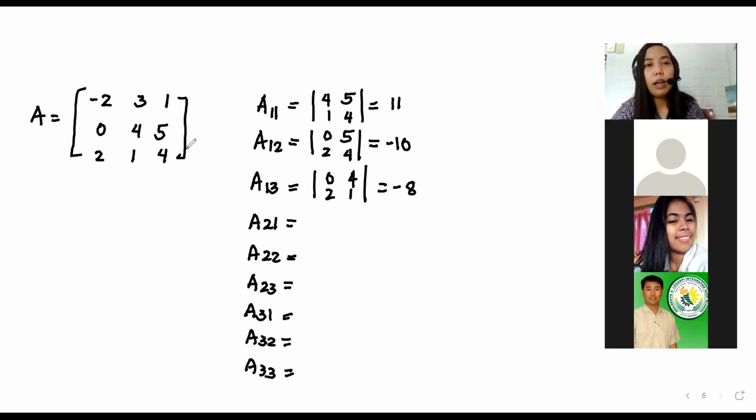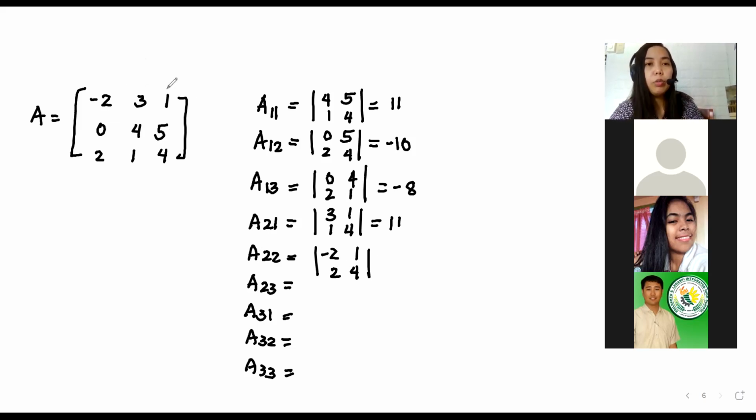Next, 2,1. Row 2, column 1. Delete, 3, 1, 1, 4. 3 times 4 is 12 minus 1, 11. 2,2: row 2, column 2. Delete, negative 2, 1, 2, 4.